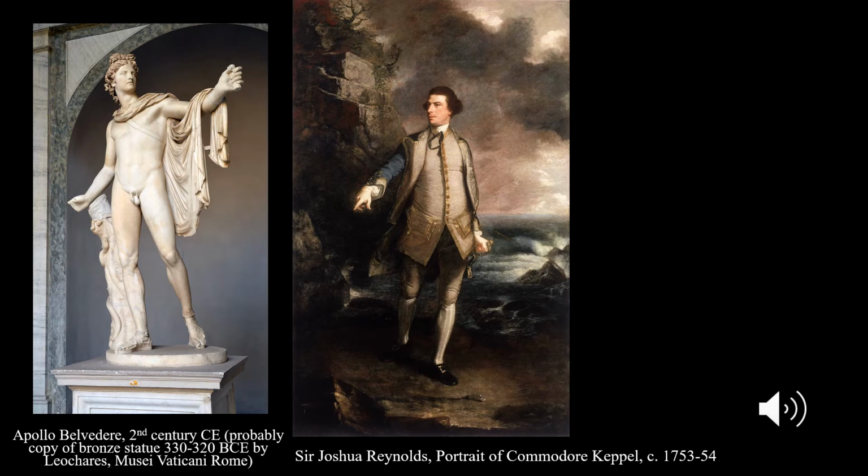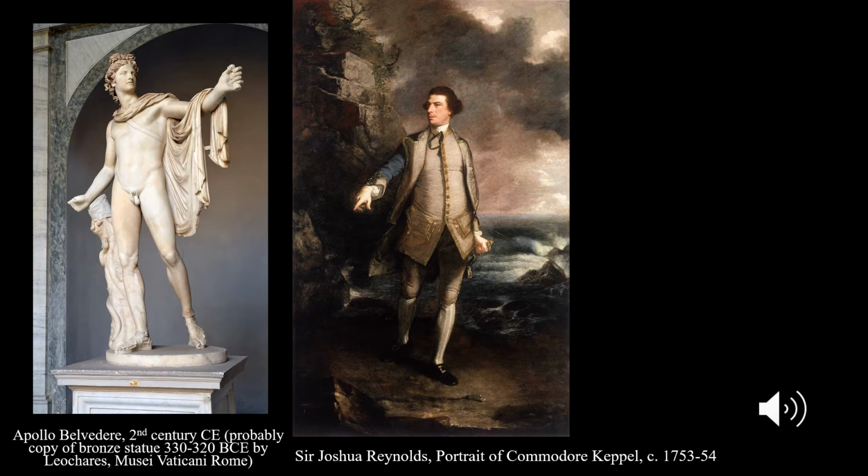This was seen to be the epitome of classical beauty for 18th century viewers. And we see the same pose: you can see that leg pushed back and resting on a toe, the outstretched arm, the face turned sideways in Reynolds' portrait of Keppel.